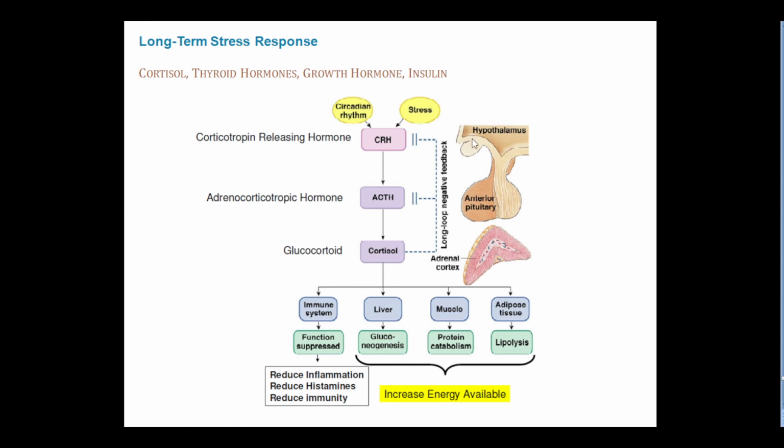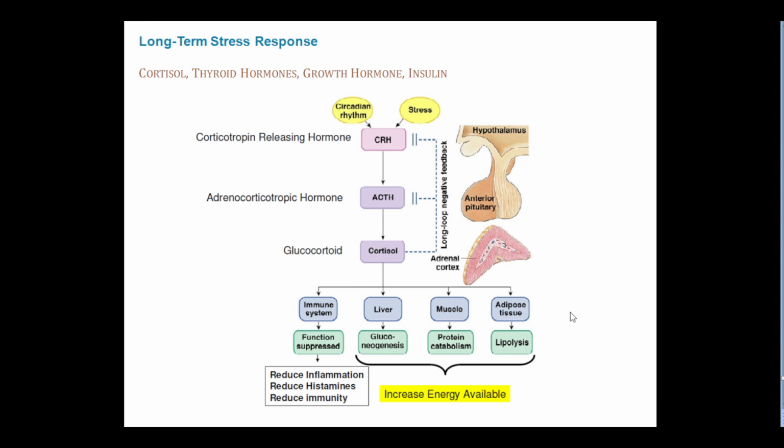Here you can see the feedback of its secretion: stress might lead to the production of CRH, which is corticotropin releasing hormone, by the hypothalamus, which will enter the anterior pituitary and stimulate production of ACTH, adrenocorticotropic hormone, which will further act on the cortex of the suprarenal gland for the production of cortisol. And here you can see some of the desirable effects of cortisol, which will help you to combat the stress.